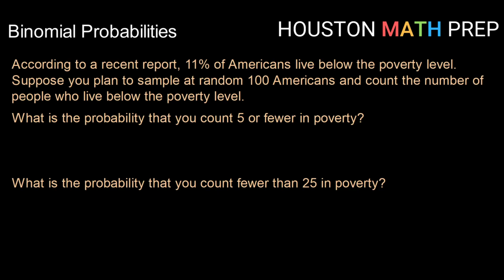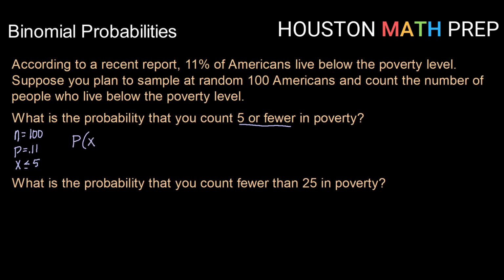So let's look back at that same example, that same question, and let's use binomial CDF to answer it. So our number of trials is 100, our probability of success is 0.11, and we want x to be less than or equal to 5 because we have 5 or fewer.